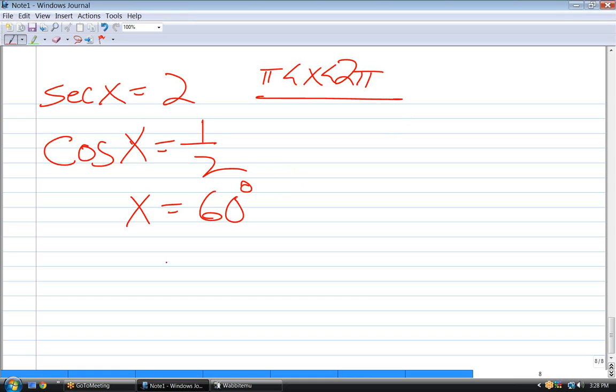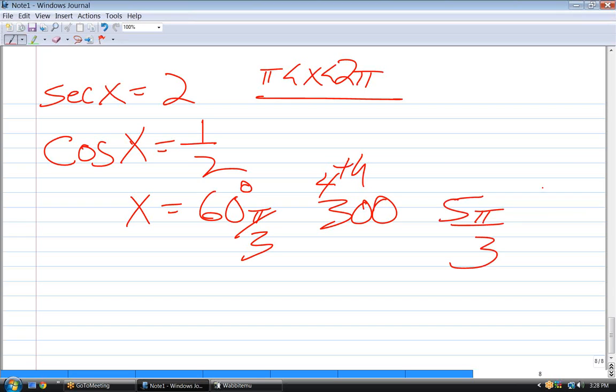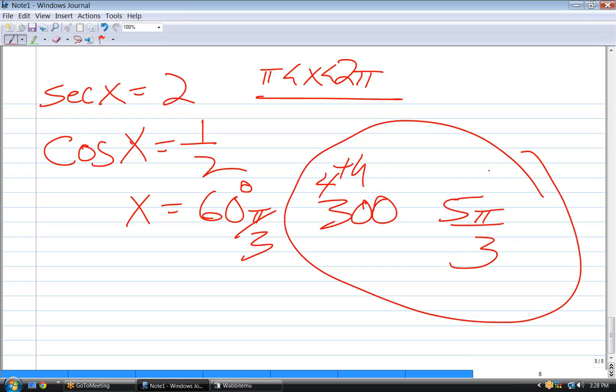So what's the equivalent fourth quadrant angle for x? It's 300. Okay. This would be pi over 3, so this would be 5 pi over 3. So there's your answer there.